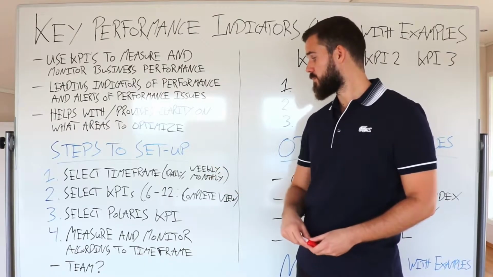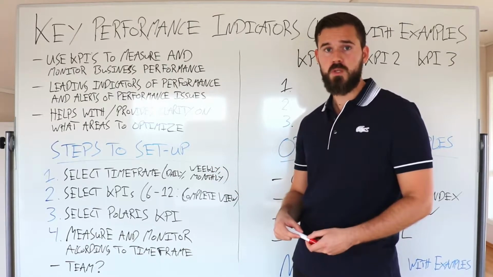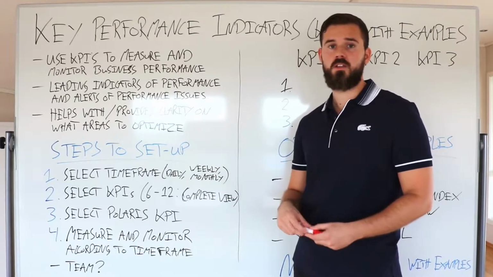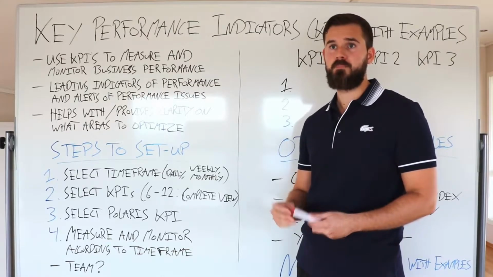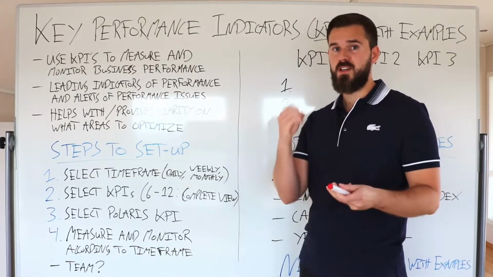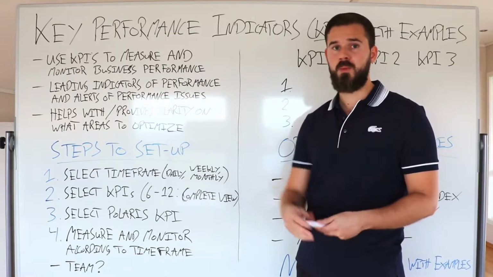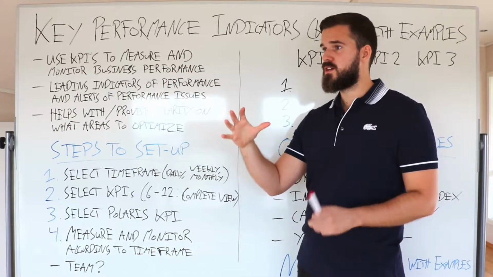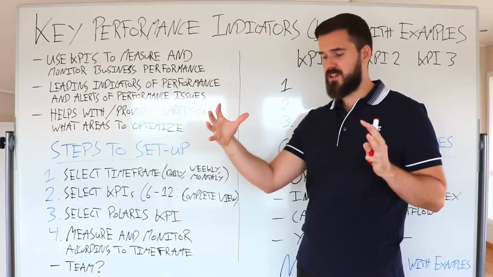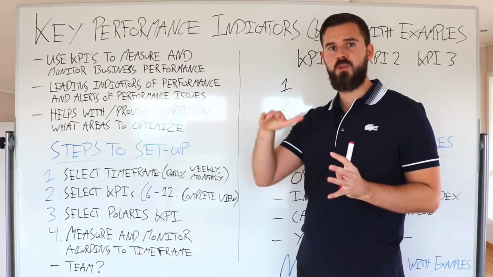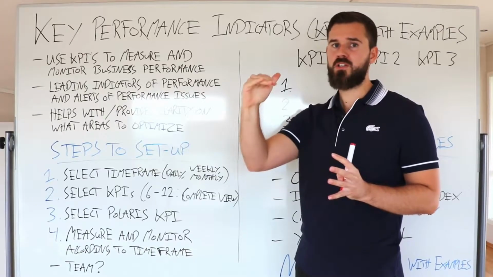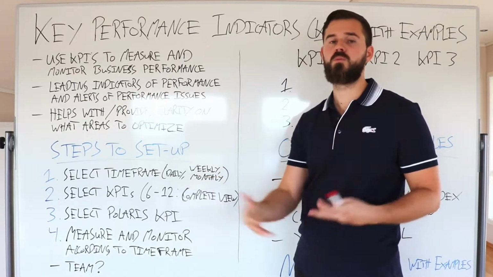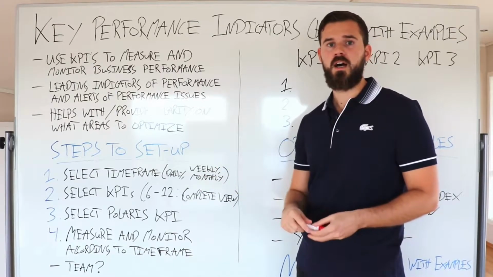So a weekly time frame is what we use for that business, because it gives us the right balance between, again, speed, noticing things quickly enough to act on them before they become real issues, and also it's slow enough that it gives a big enough data set to keep the numbers consistent. So if they change a lot week by week, we know that could be an issue or a really good sign.